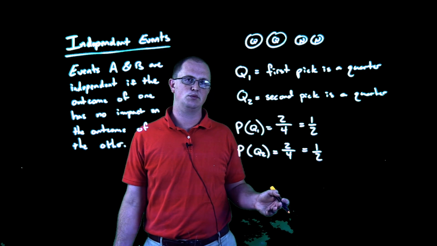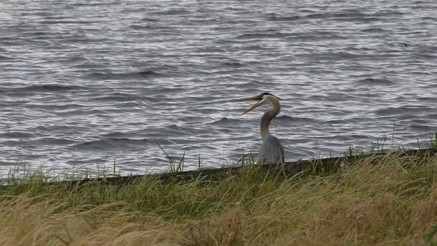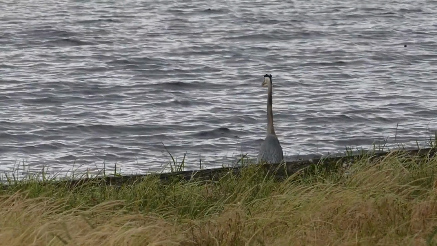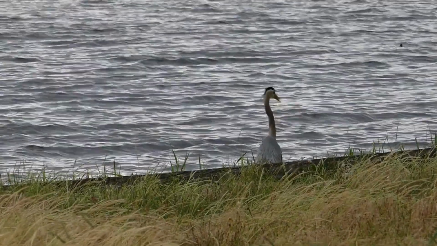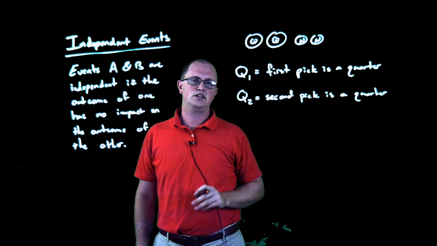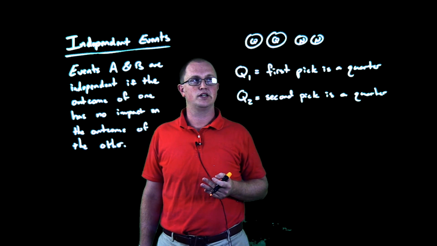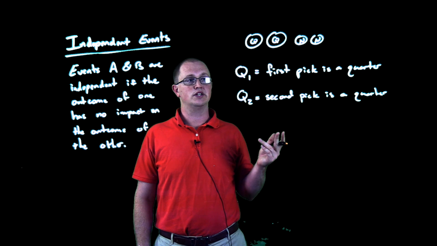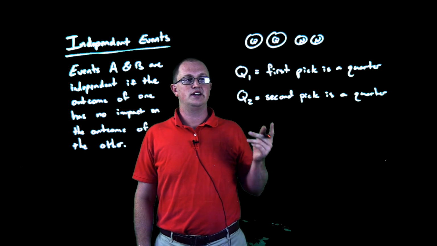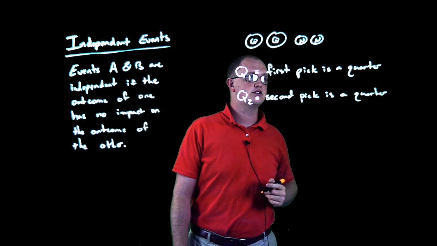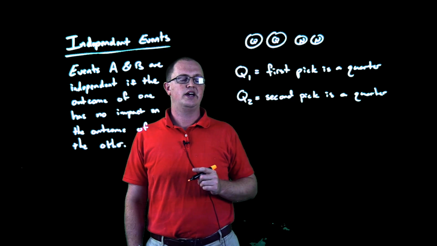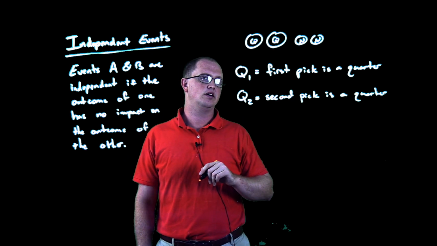Well, let's change this up a little bit. So let's keep the scenario where we have a woman with 4 coins in her pocket, 2 quarters, 2 nickels. And let's keep the events that her first pick is a quarter as Q1, and her second pick is a quarter as Q2.